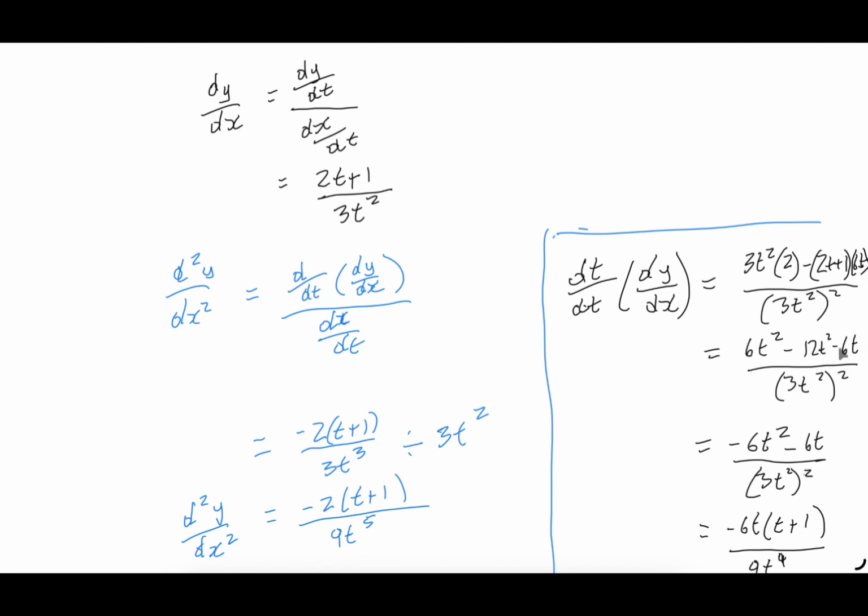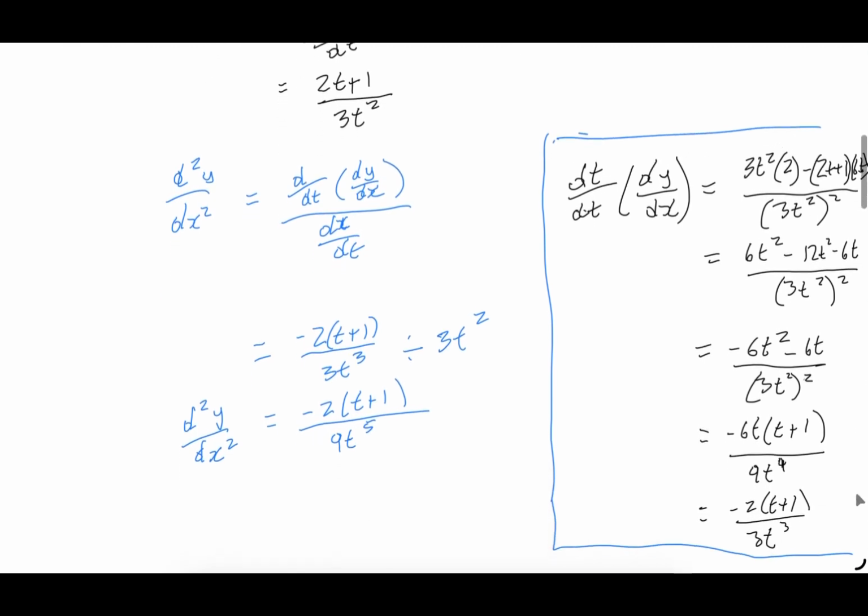You're going to expand the numerator and simplify, so it becomes 6t squared minus 12t squared minus 6t all over 3t squared squared. That's going to be negative 6t squared minus 6t all over 3t squared squared.